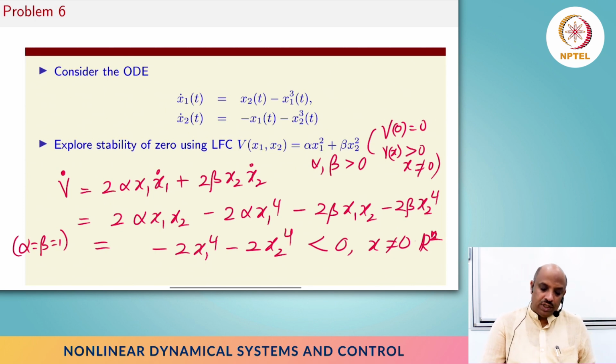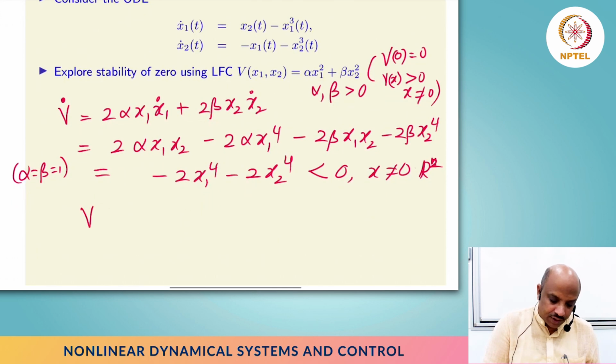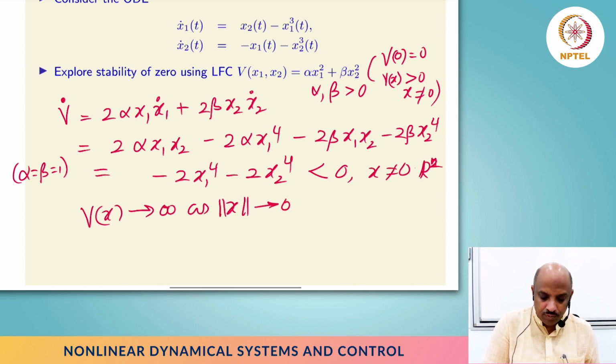And if you recall, this nice condition, V of x going to infinity as norm of x going to infinity, you can clearly see V of x now is basically x1 square plus x2 square, and that satisfies this condition. So we can conclude global asymptotic stability.